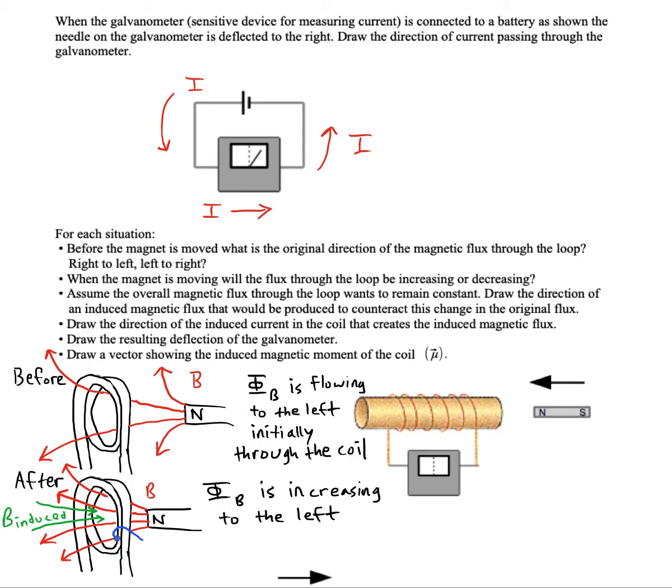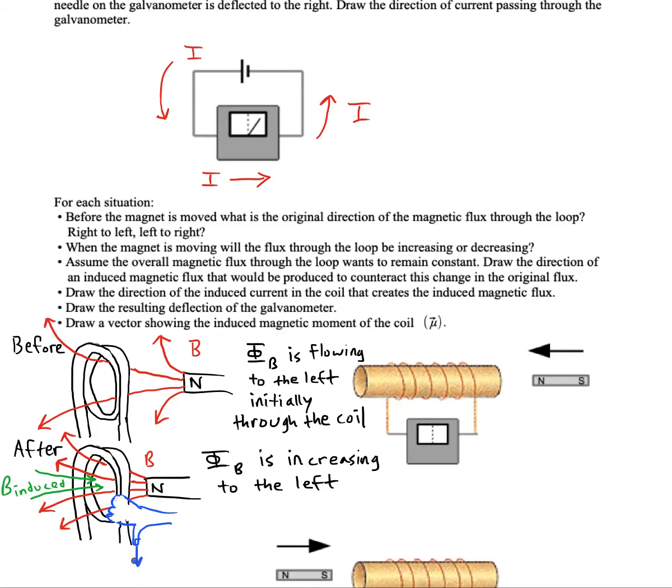We want our fingers to curl around this loop, curling through the center of the loop. And if we're using the right hand, we see that the thumb now points down. So that is going to be the direction of current. So that will give us the direction of the induced current.